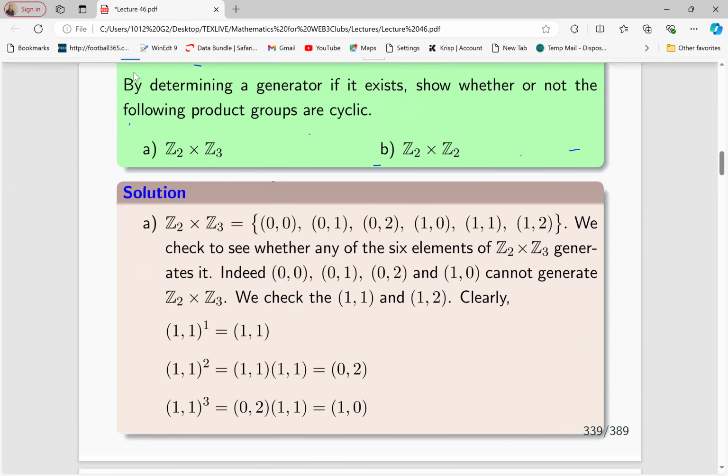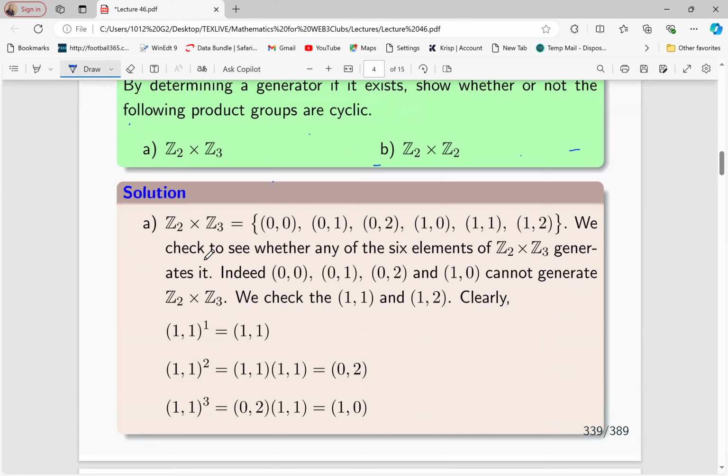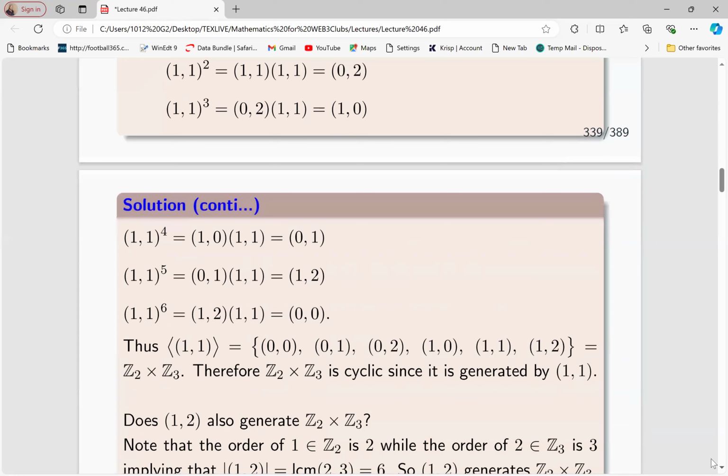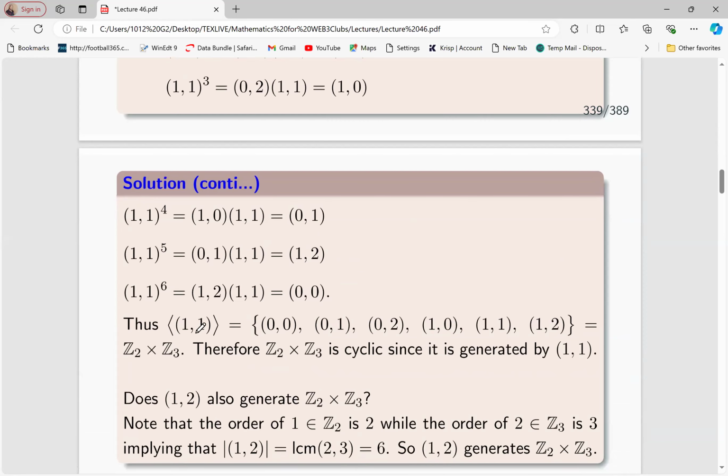But before that, I've said check to see whether the following 6 elements generate. So you check all the elements. But this style of checking will be a bit long because you want to check this, check that, and see which one is generating. That is why I want to come up with an easier way of finding generators, and that easier way would then assist us to write the code.